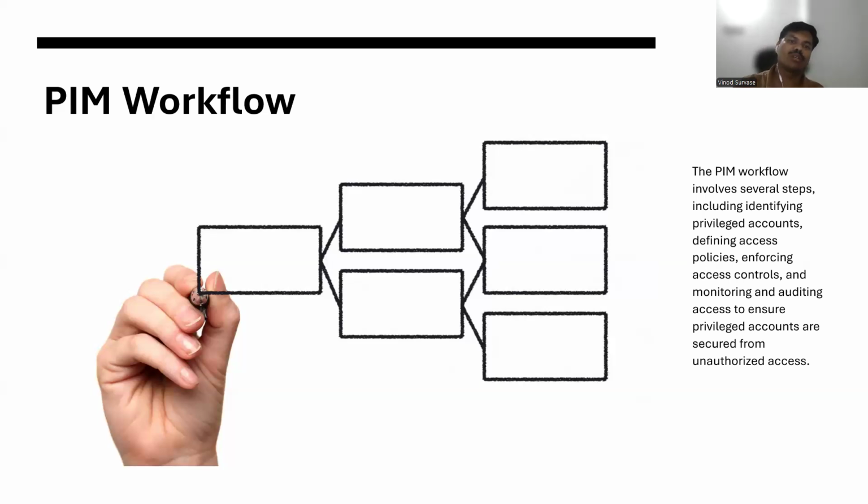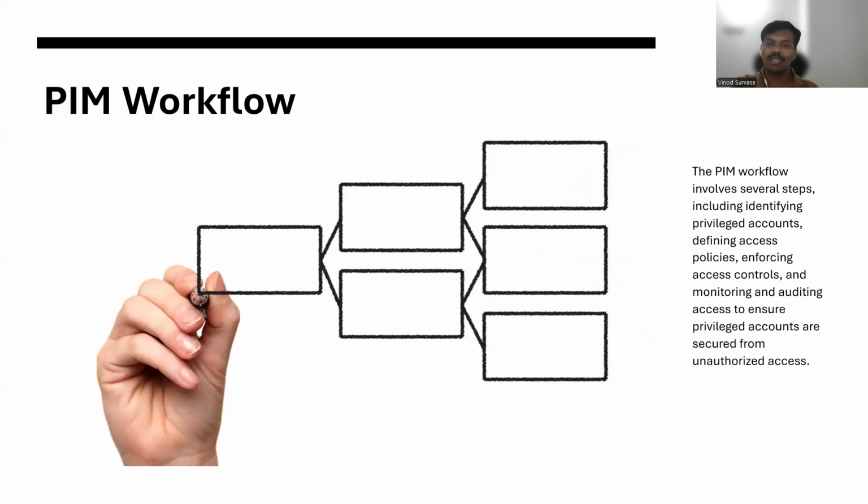But apart from that, I can go ahead and make the changes in the role by setting up PIM, and it could be with just-in-time access, or it could be with eligible access or active access from a start date and end date.